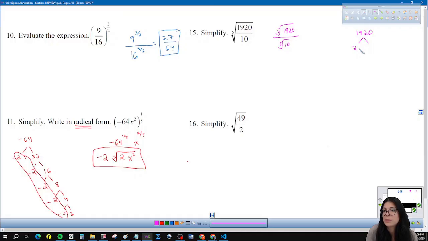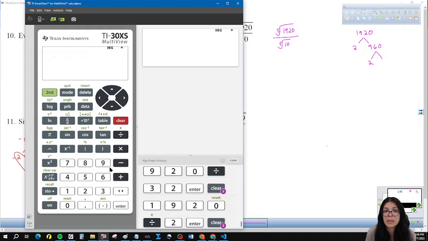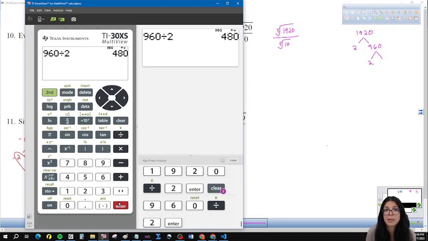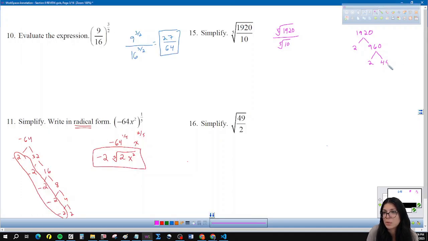So 1920 divided by 2 would be 960, and 960 divided by 2. And I can always use my calculator to do this. Obviously, an even number would always be divisible by 2. So I could do 960 divided by 2 and just confirm it on my calculator if I need to. So that's 480.